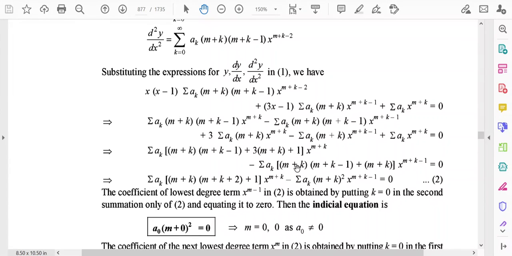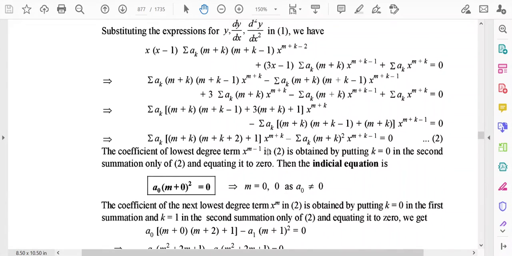The previous process is very simple, you just have to multiply, because with this summation you have to multiply x into x minus 1. So we have to multiply this factor with this factor. Similarly, you have to multiply 3x minus 1 with this factor, and after multiplication you have to rearrange the equation so that you have the simplified form described in equation 2.